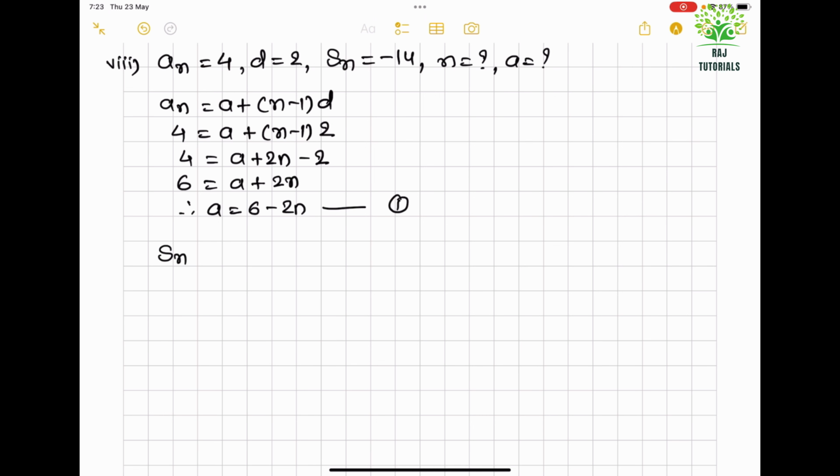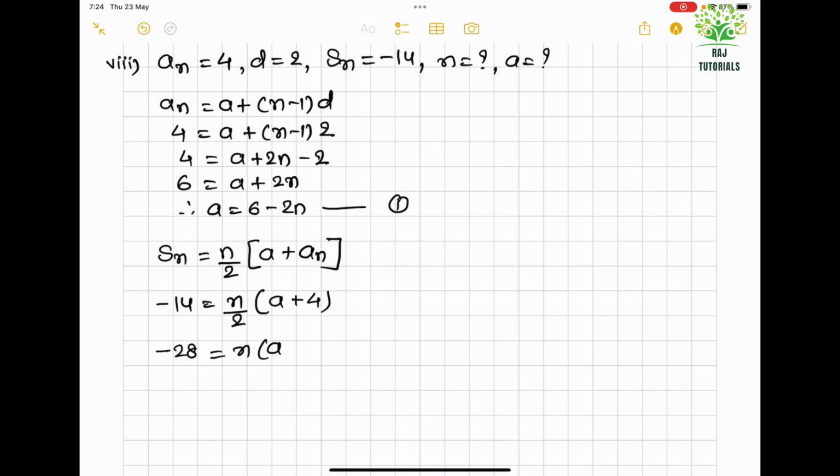Sn will be n by 2 into a plus an. So Sn is minus 14, and upon 2 equal to n by 2 into a plus 4. So minus 28 equal to n into a plus 4.